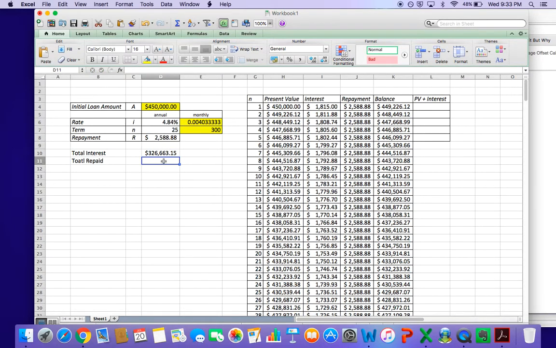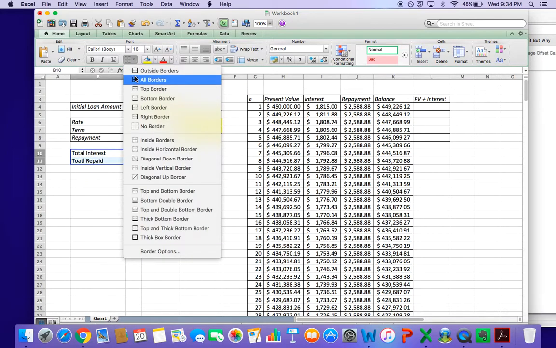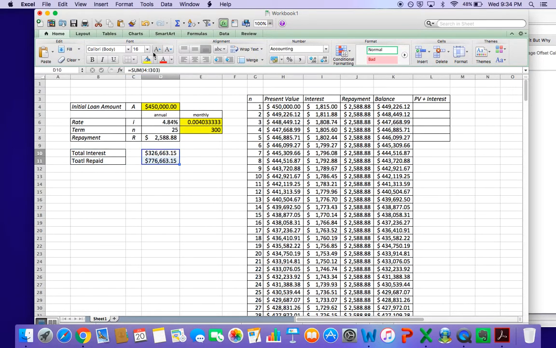And then in here, repaid, I could do a similar thing where I just do the sum of all those, or I could just recognise that this is a fixed amount. There's 300 of those in there, so I'm really just doing the repayment times 300. Okay, there we go. So I'm just going to put borders around these two here as well.